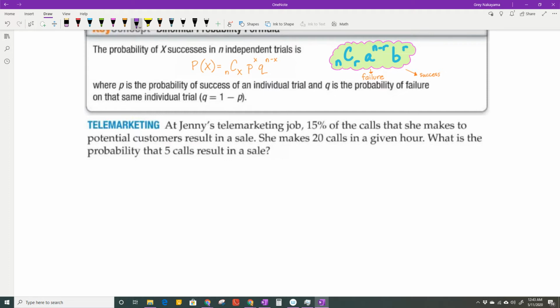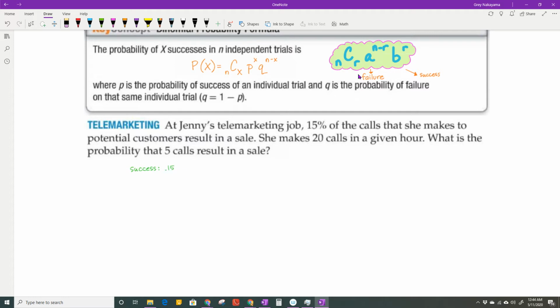Okay, so what you have to be able to identify, you've got to know what's the probability of success, what's the probability of failure. Okay, this is my success, this is my failure, and you have to know N is your number of trials, and R in our case is the number of successes we're actually looking for. So in this particular problem, success is 0.15.